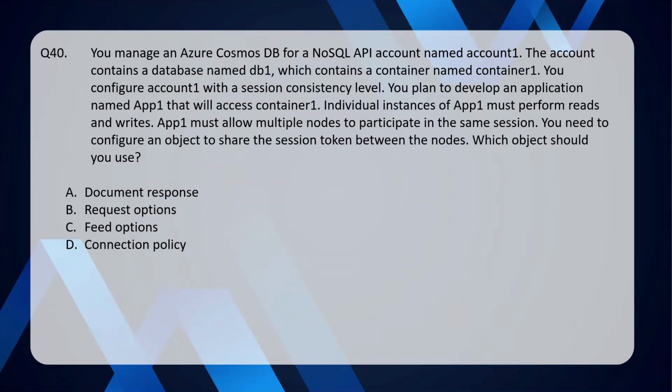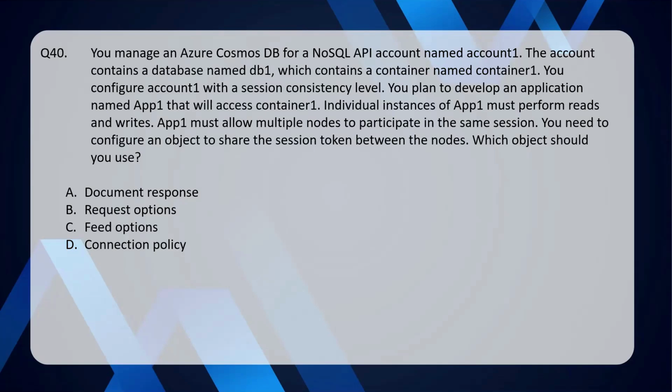You manage an Azure Cosmos DB for a NoSQL API account named account1. The account contains a database named DB1, which contains a container named container1. You configure account1 with a session consistency level. You plan to develop an application named app1 that will access container1.